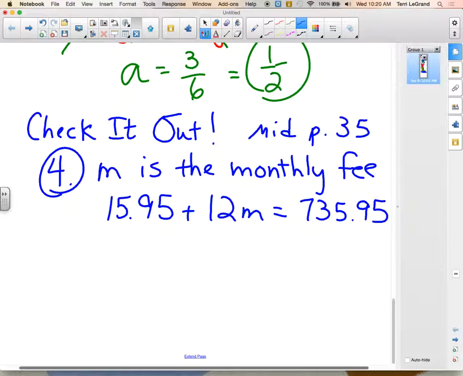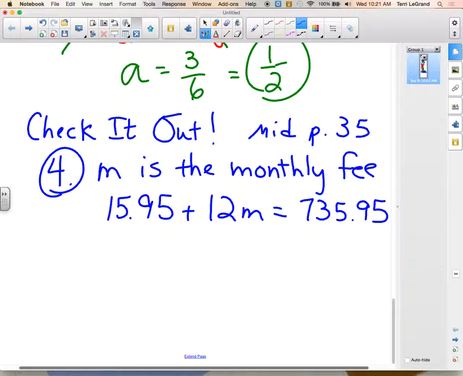Takers, okay. The $15.95 must be a one-time fee, is that right? The 12 tells me that it must be 12 months, not $12, because M is the amount per month. So it must have been for 12 months. Am I right?